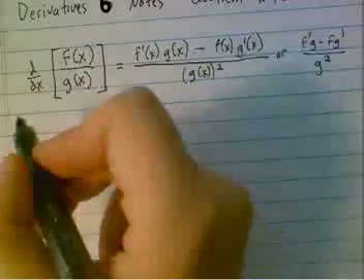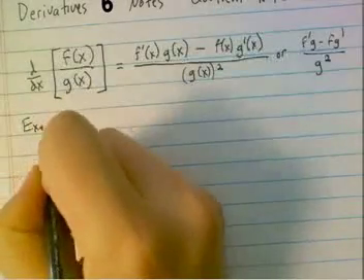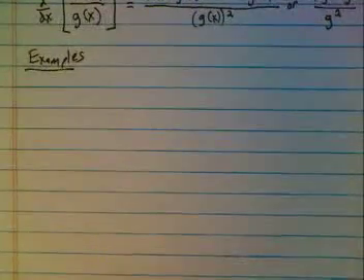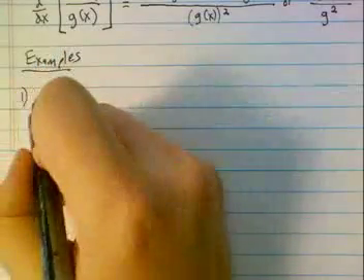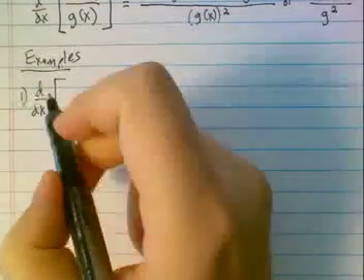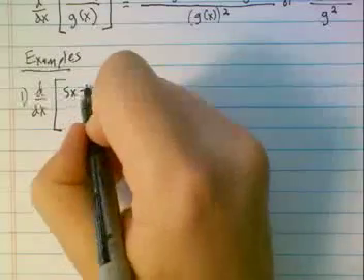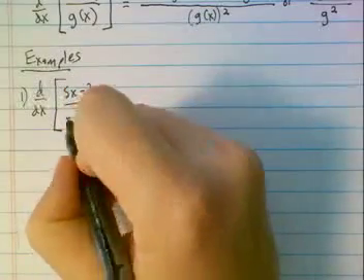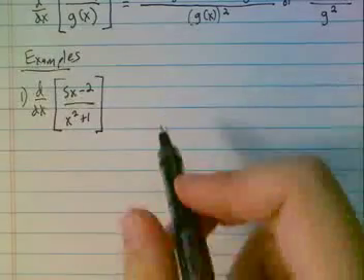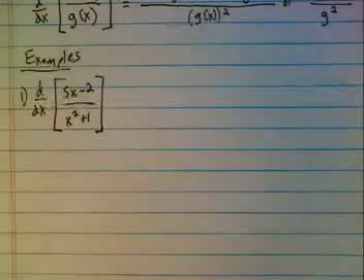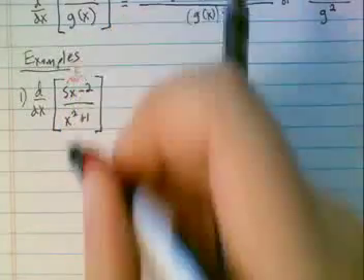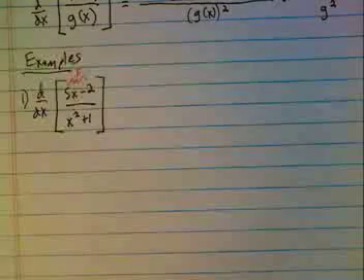Using it, however, let's look at that. So let's start off by finding the derivative of 5x minus 2 over x squared plus 1. And so here we have our f up in the top and our g down on the bottom.